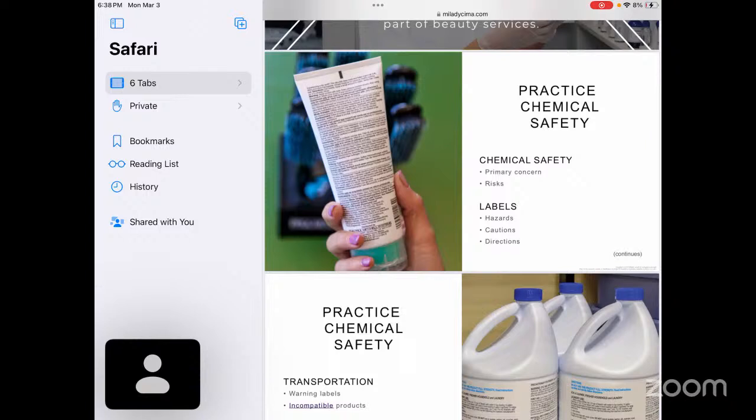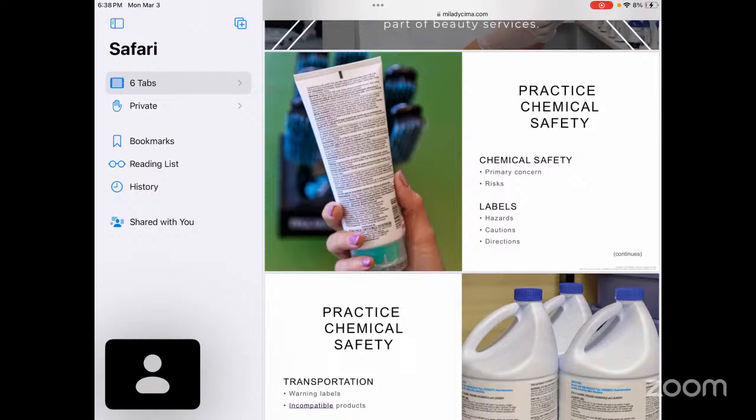So what would be the hazards? Okay, not to spray this around a flame area. Not to use this with another TCA ingredient. It just depends. That's the hazard. The caution: wear gloves. Okay, wear goggles. That's a caution.